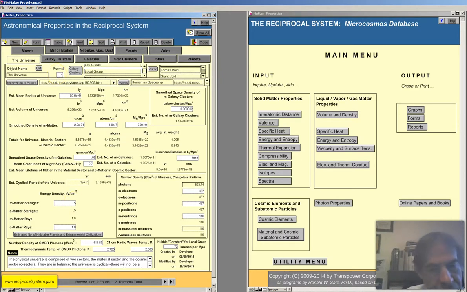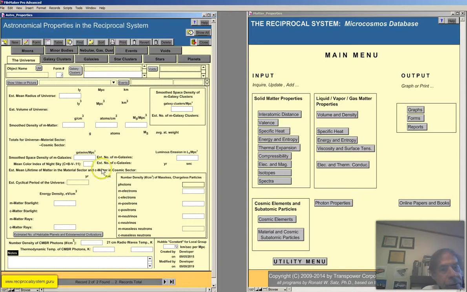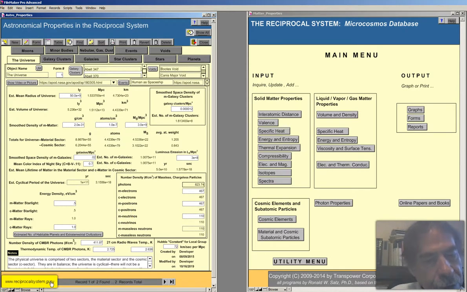So if I go here to the second record, which is blank, the form number is 2. If you wanted to experiment with different values, but you didn't want to change the original record, you would just go here and you can play with the different values. Of course, you can go up or down the database using the other buttons here.